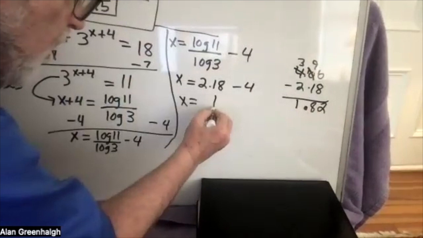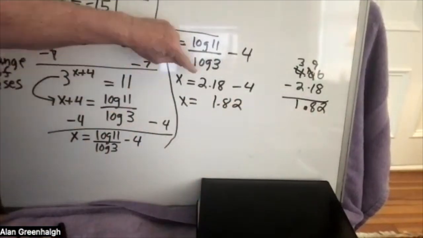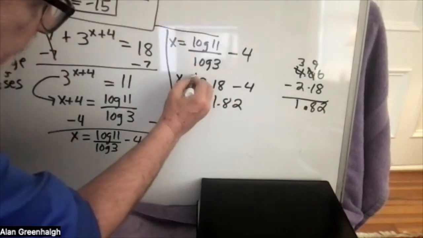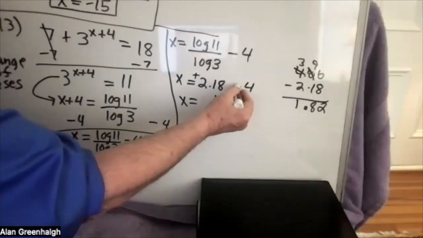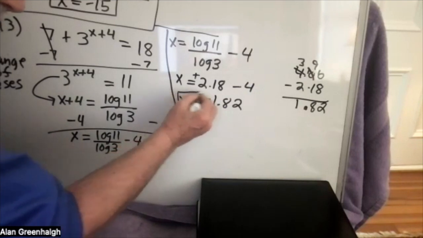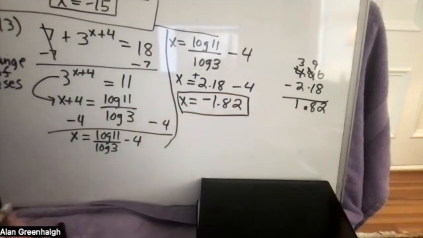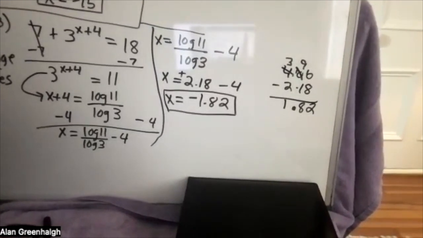So it's 1.82, but recognize that one is positive, one is negative, and you always go with the sign of the higher number. Therefore, the answer is negative 1.82. And that's the answer to the question.